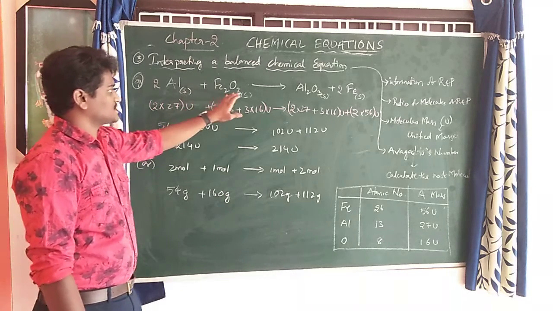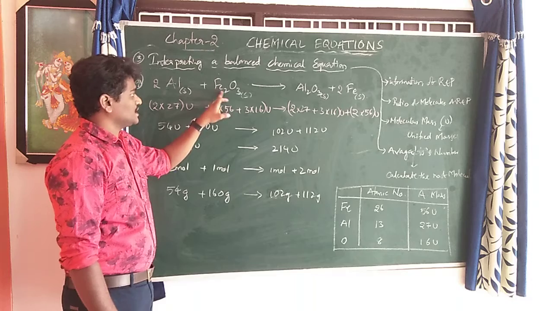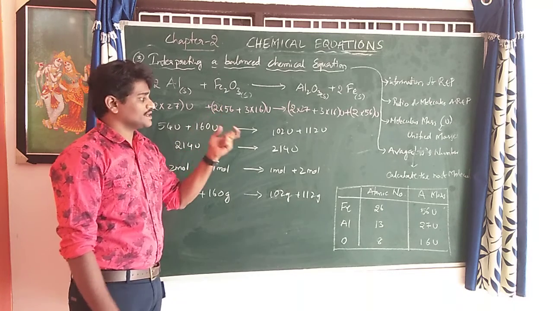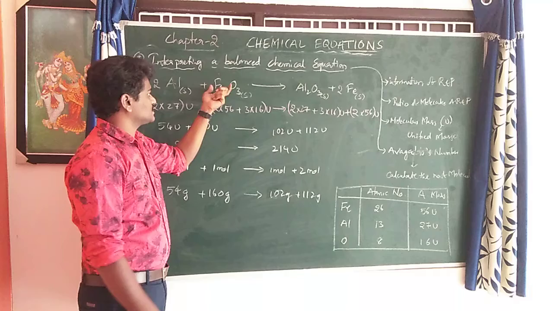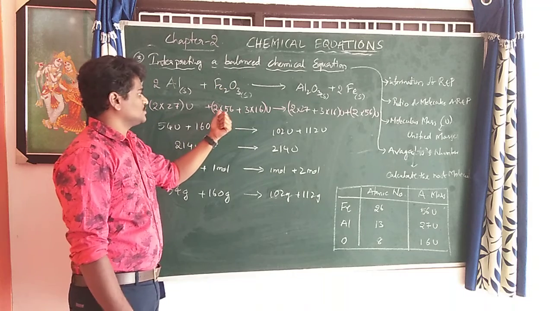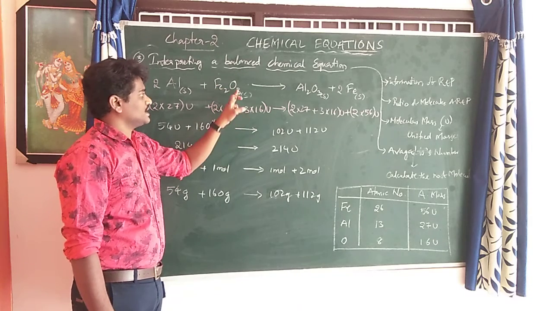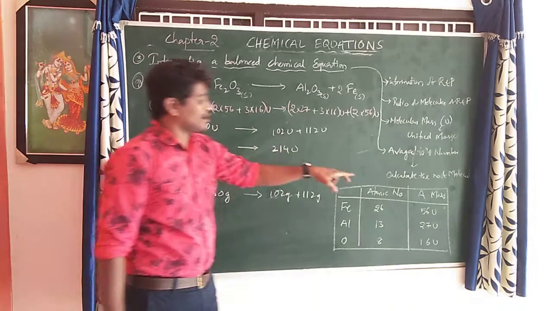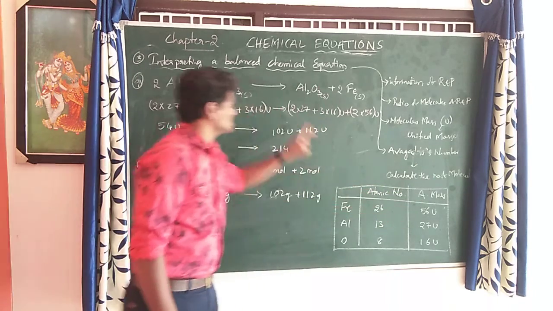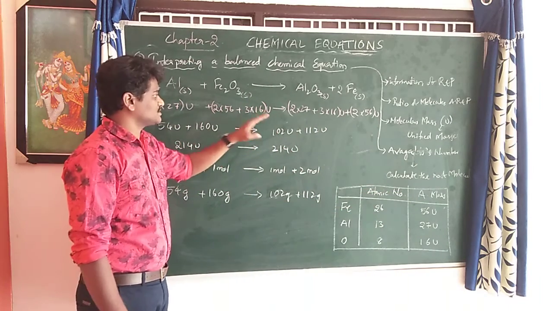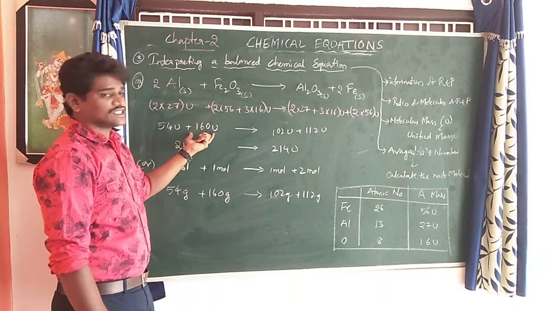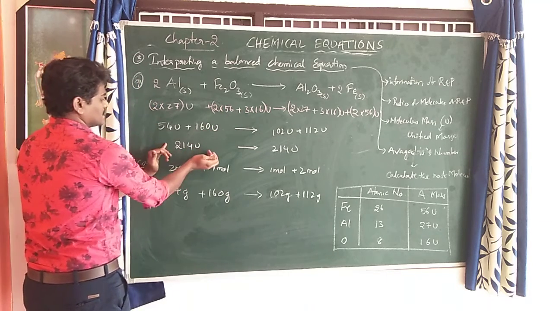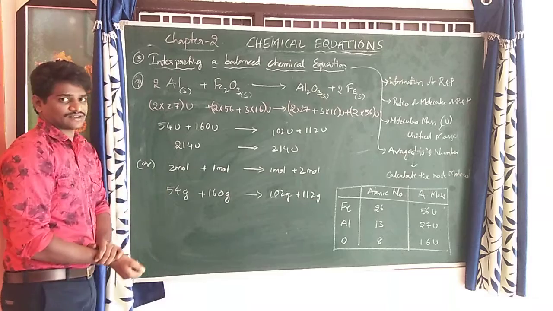Coming to the ferric oxide, how many iron atoms are there? 2 atoms, with atomic mass 56, so 2 into 56. Oxygens are 3 into 16, which is 48. So in total, from the LHS we find 214 units.